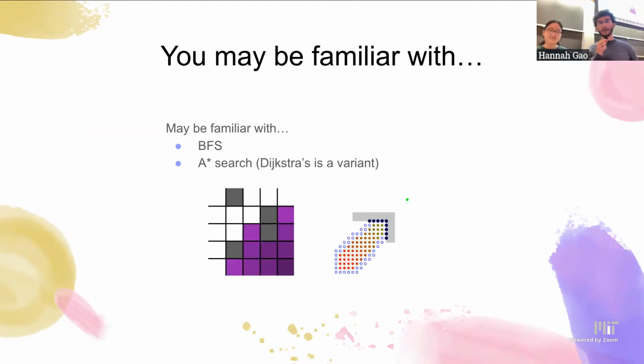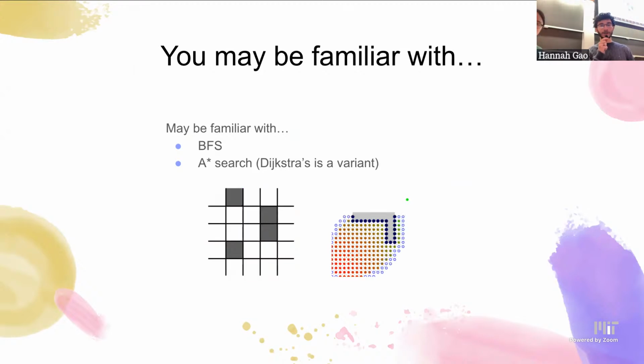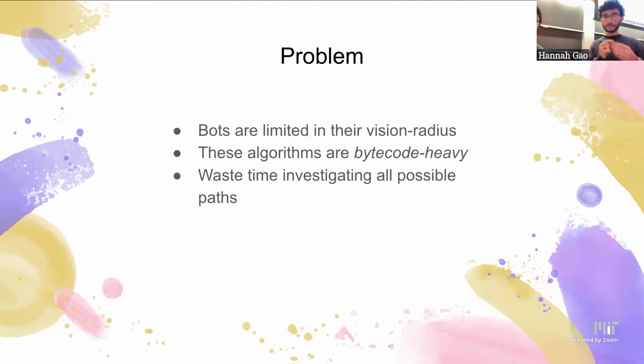Here are some common pathfinding algorithms you might be familiar with. The first one is breadth-first search, which just explores every neighboring cell from the start location until we reach our goal. The other one is A*, which uses a heuristic process to find the lowest cost path to our target location. Both of these are good pathfinding algorithms, but they have some problems for Battlecode.